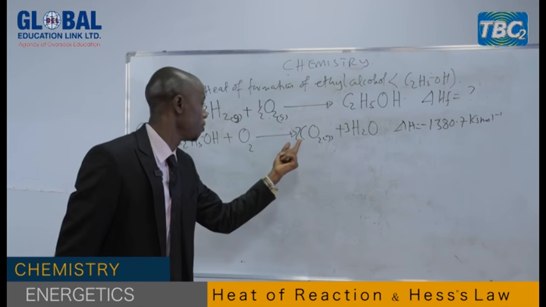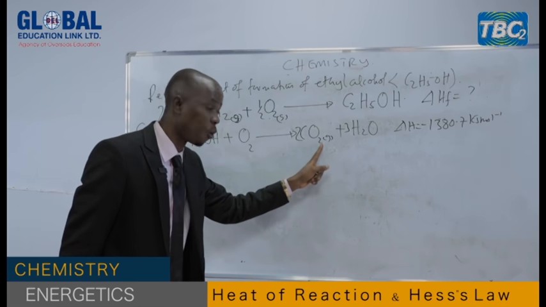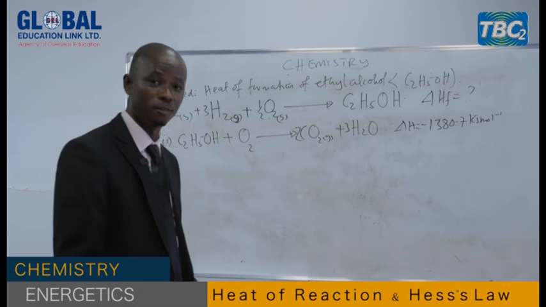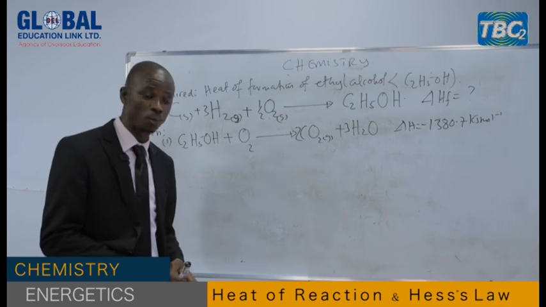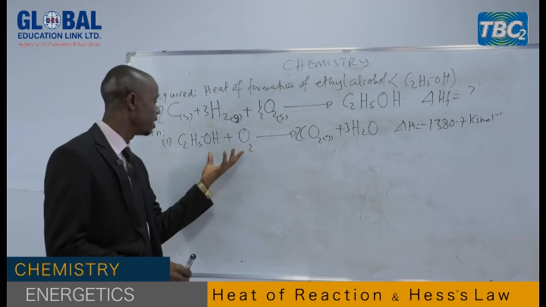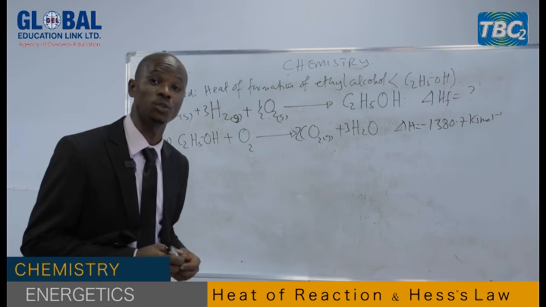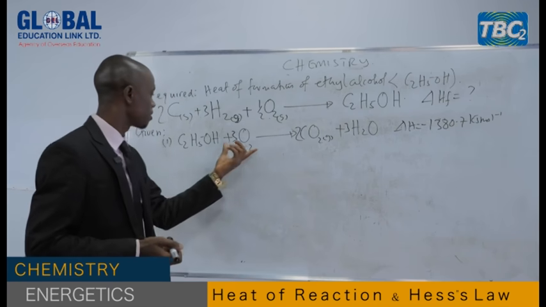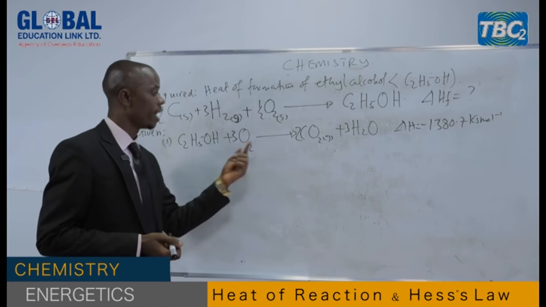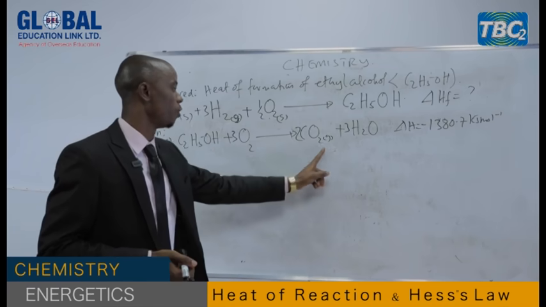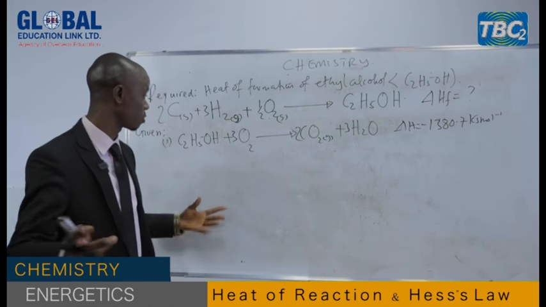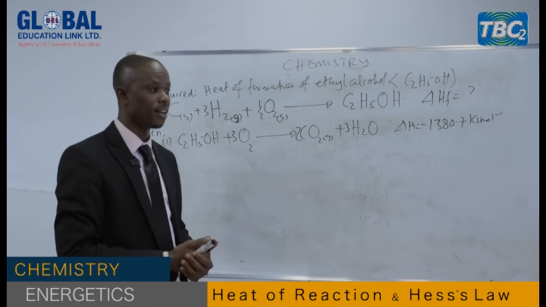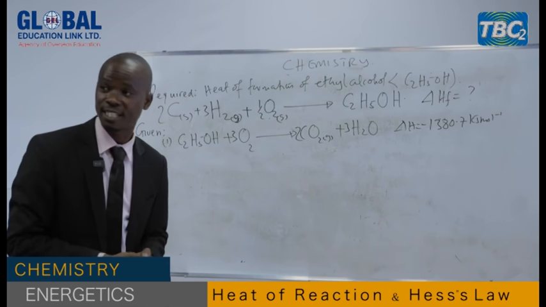So 2 times 2 gives 4, plus 3, we have 7. We have 7 oxygen atoms on the product side. But on this side, we have 3. What are we going to do? We put here 3, to make it 6 plus 1, we get 7. And 2 times 2 is 4, and with this one we get 7. So the oxygen is balanced. So this equation is balanced. That is the first given data.